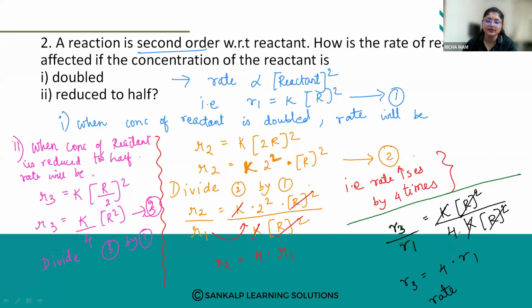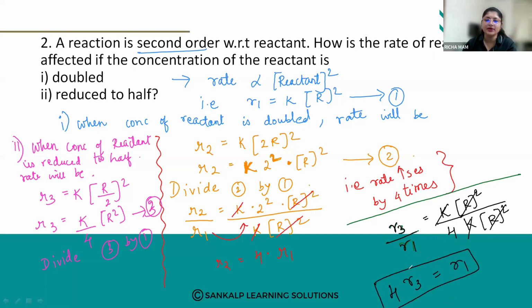So R1 is equal to 4 into R3. If I shift this 4 here, it will become 4 R3 is equal to R1.